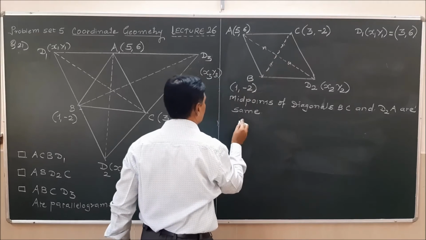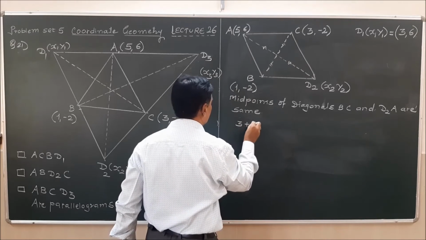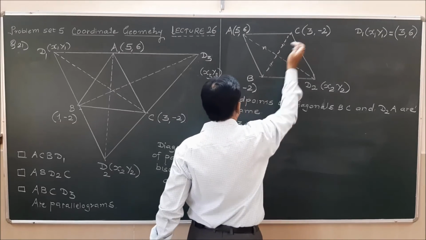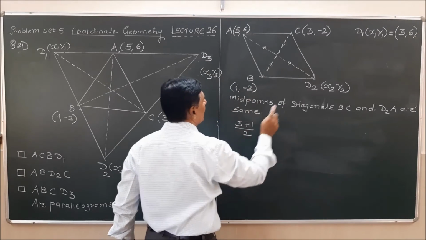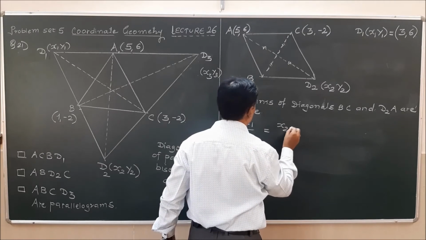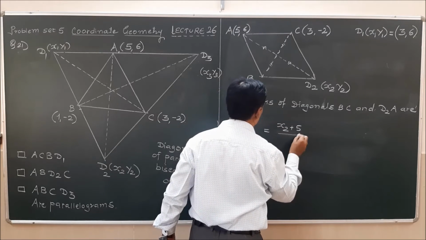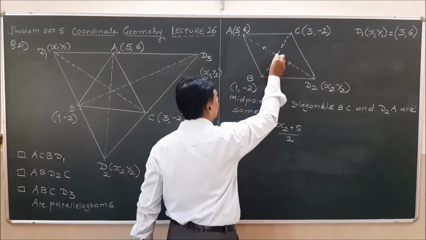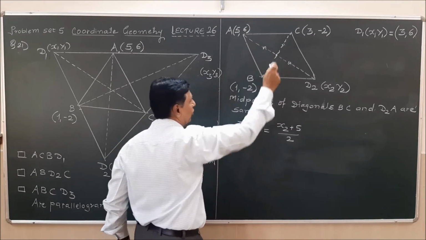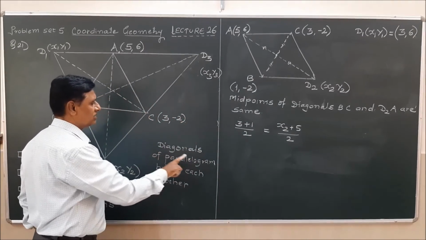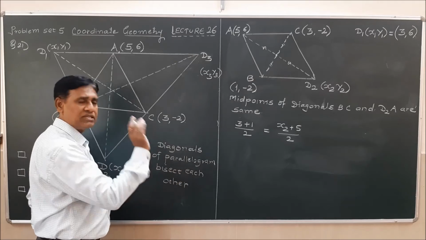3 plus 1 upon 2 equals x2 plus 5 upon 2. Midpoints are same, because initially we have mentioned that diagonals of a parallelogram bisect each other.